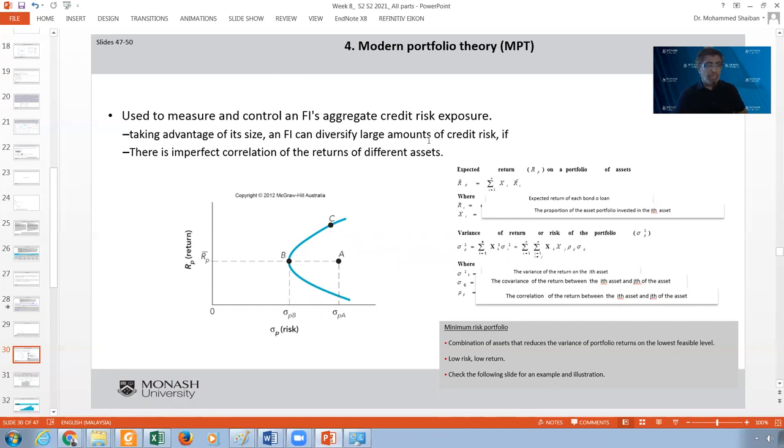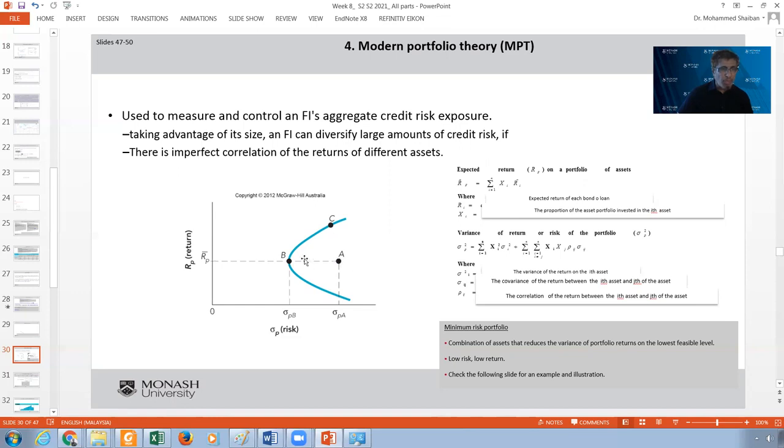All we have to do is to calculate this curve. Now, this curve is called the investment frontier. If you look at this black dot, B and A, all of those are different portfolios.